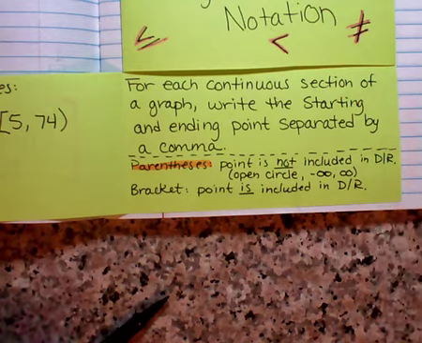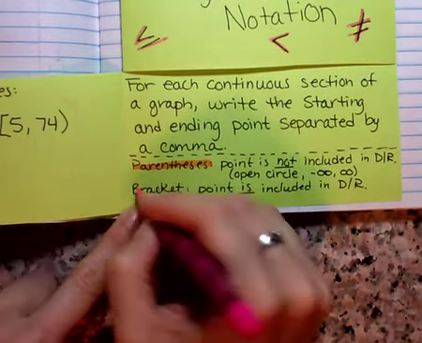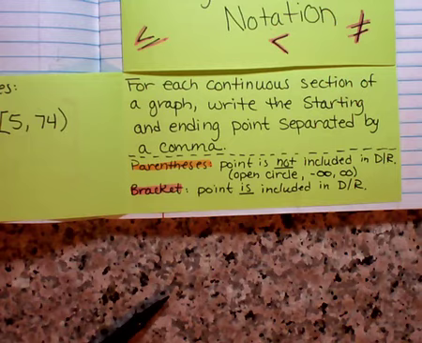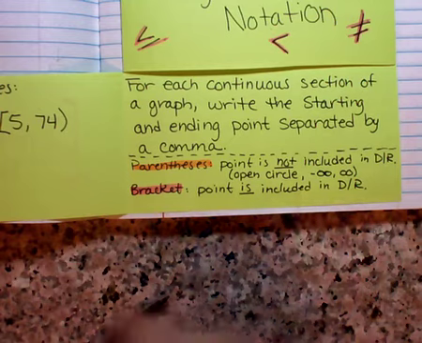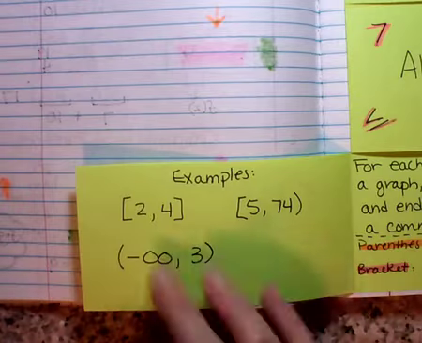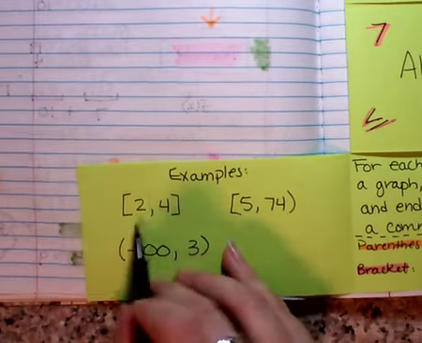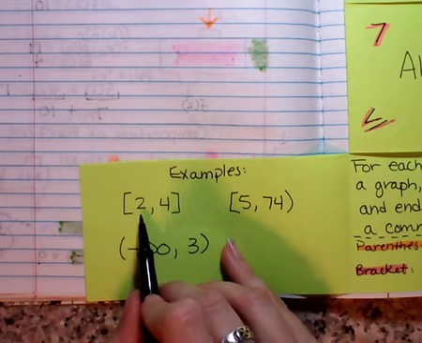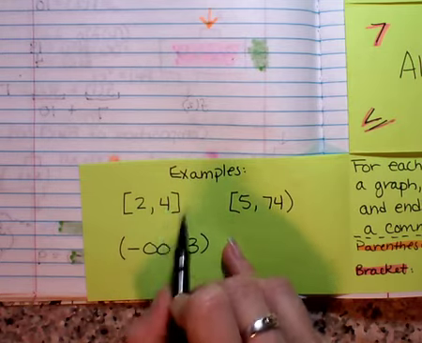And then we use brackets when the point is included in the domain or range. And that's like when we have a closed circle and we're including that point. So the examples I would like you to write down are this example where we have this closed bracket, 2, 4 closed bracket.